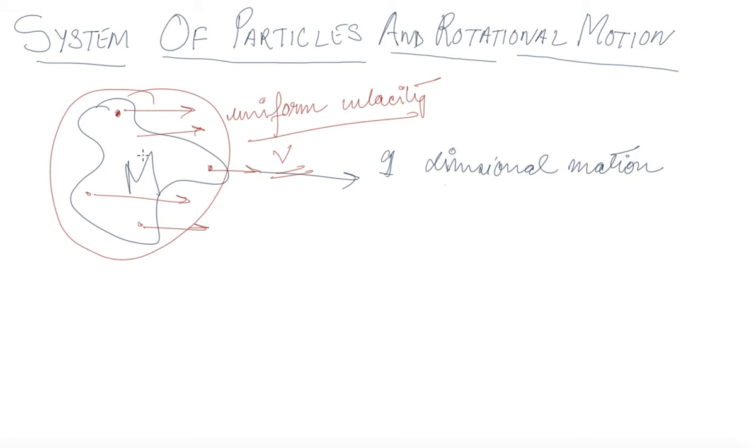Now if I inspect any element of this whole system or this body, any one particle, I'll see that this is moving with velocity V, this is moving with velocity V, and the last part, this is also moving with velocity V. So this movement has a unique kind of motion. Now this motion is known as translatory motion.